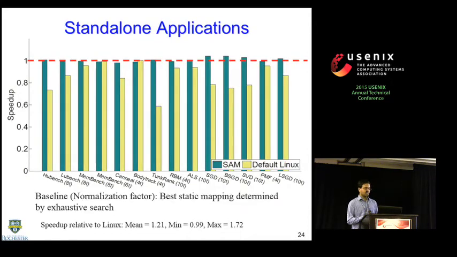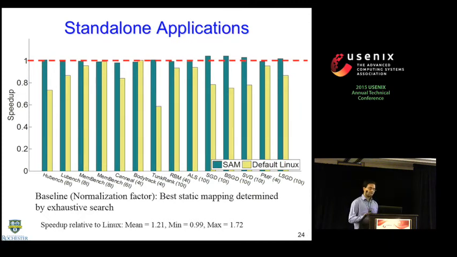Initially we start by analyzing how SAM performs for standalone applications. For standalone applications, we compare SAM and Linux with respect to what we call the best static schedule, where we exhaustively search the entire space and find out for which thread to core mapping we get the best performance.